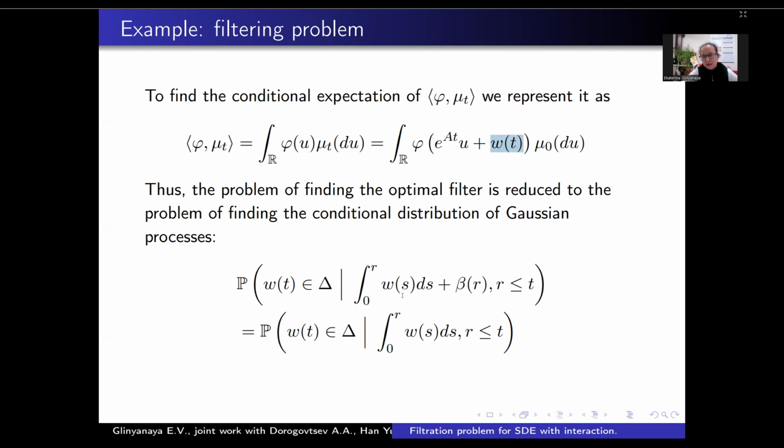So in this case, for a linear observable process, the measure-valued filtering problem is reduced to just known conditional distributions of Gaussian processes.